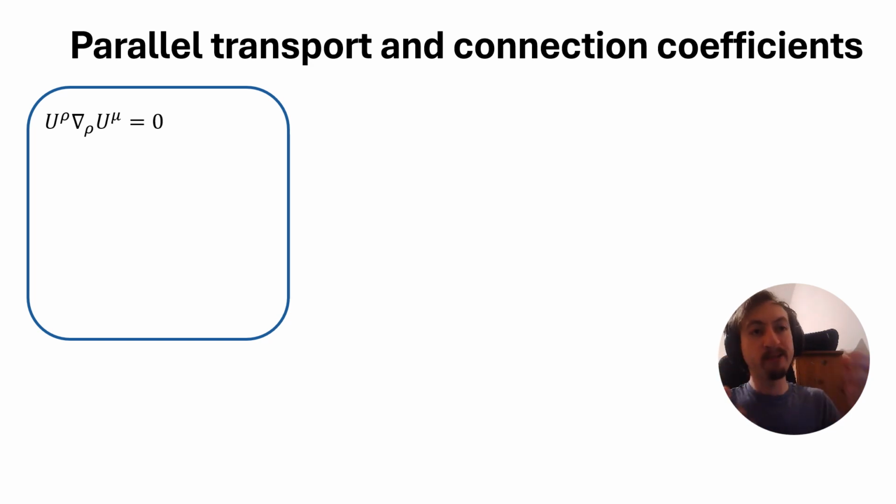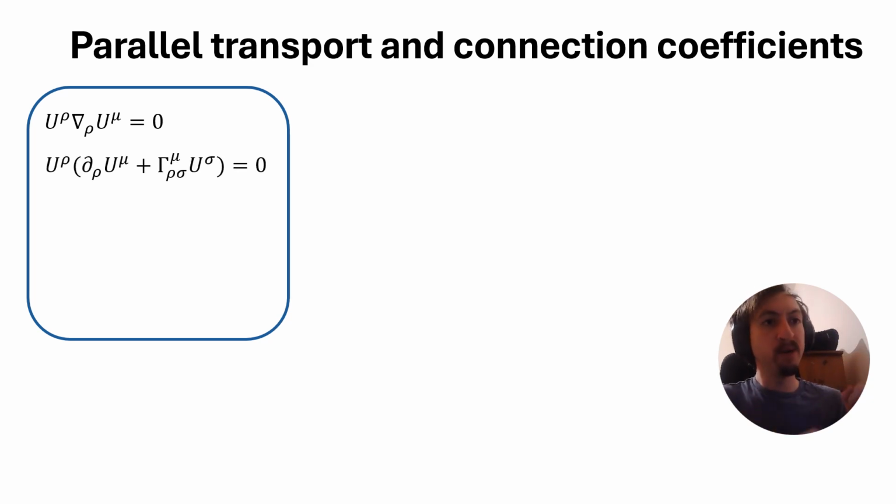So we're parallel transporting essentially the gradient of our four-position rather than four-position itself, because we want a final equation that will involve acceleration, not a final equation that will just involve four-velocity.